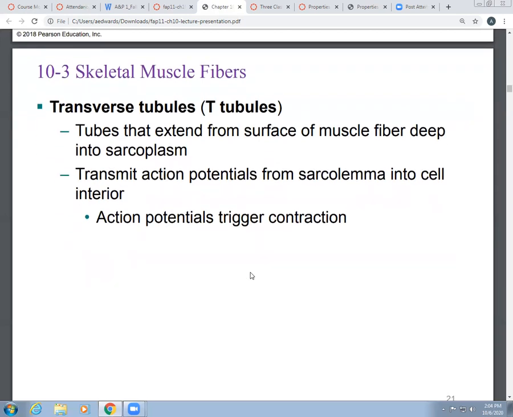Another structure you need to know are the transverse tubules, or the T-tubules. And they are tubes, and they extend from the surface of the muscle fiber, okay? And they go deep down into the sarcoplasm, okay? So what do they do? They're going to transmit action potentials, okay? And action potentials basically are that change in electrical charge that allow for some process to take place, whether it's sending signals along a neuron or making a muscle contract.